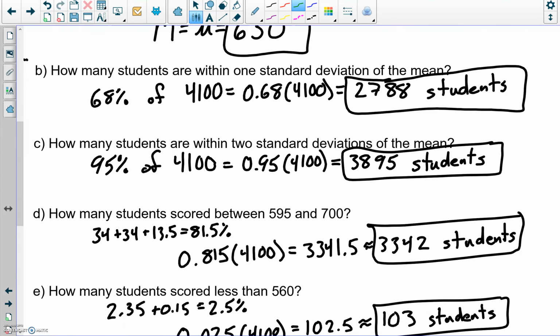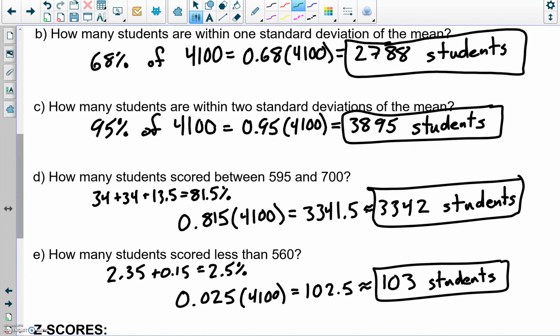Very common in these empirical type problems to have you do something like this. So adding up 34, 34, and 13.5, you get 81.5%. So move the decimal, you get 0.815, times 4,100, and then after you round, you'll get 3,342 students.